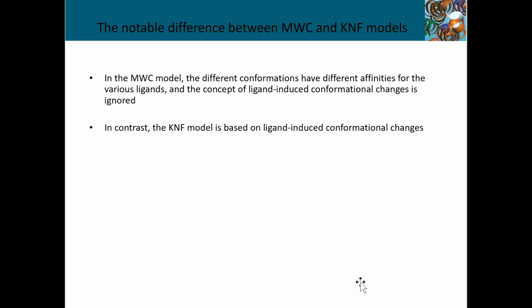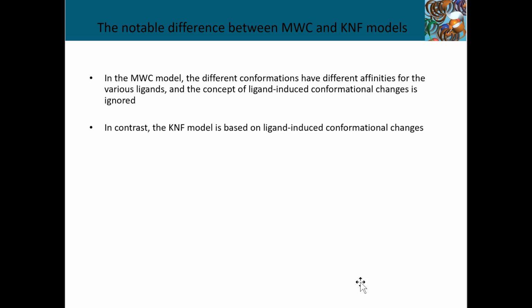So what's the most notable differences between these models other than what I've already discussed? In the MWC model, the different conformations have different affinities for different ligands because of that equilibrium between them. And the concept of ligand-induced conformational change is ignored.